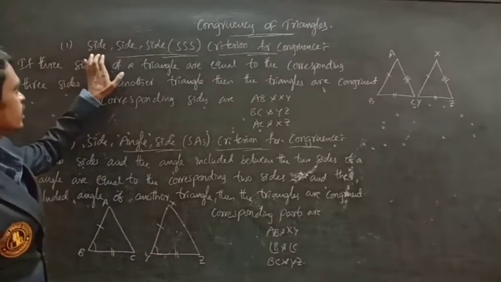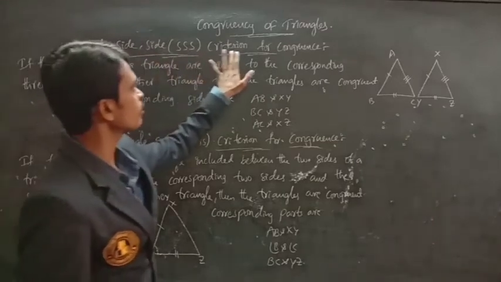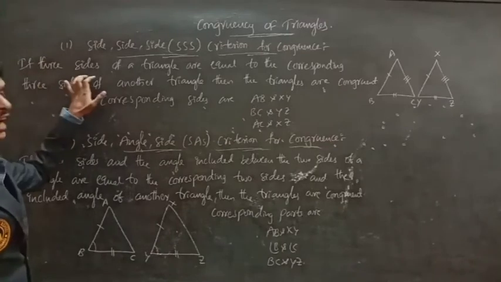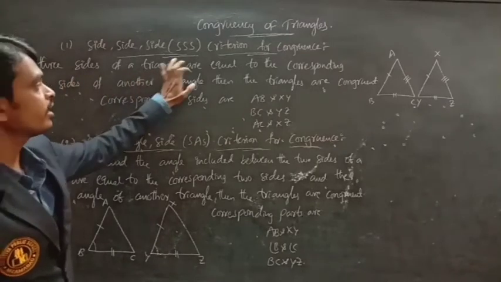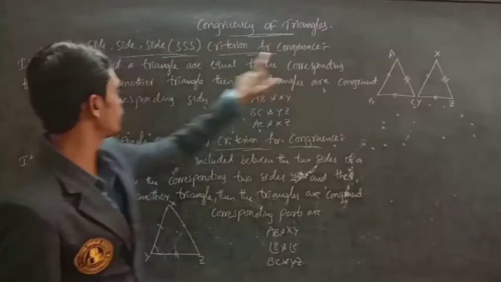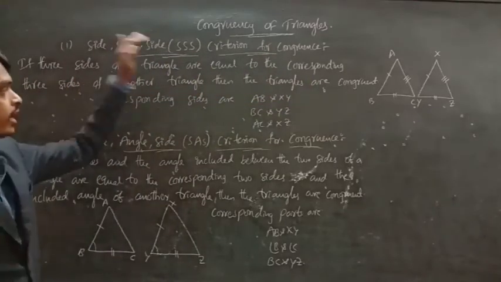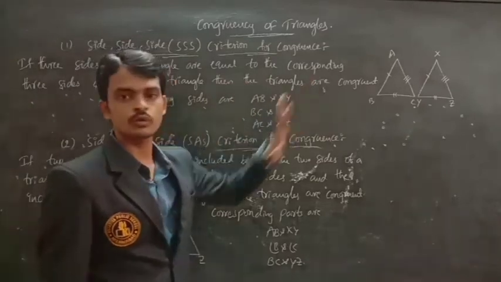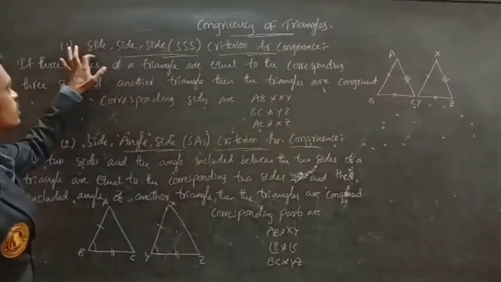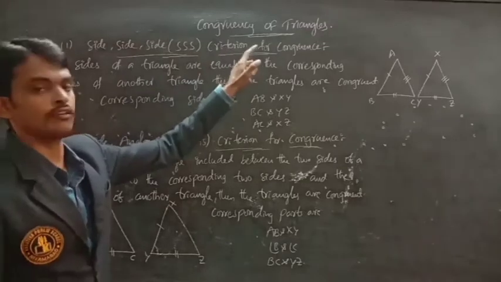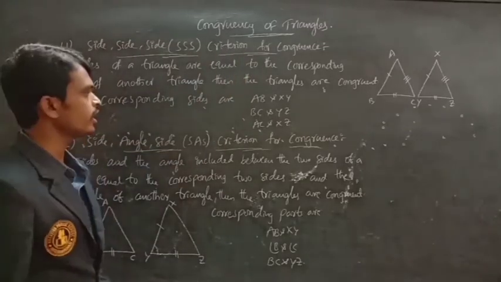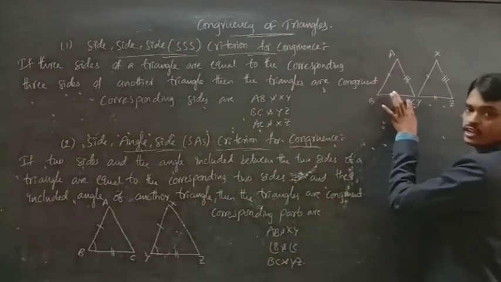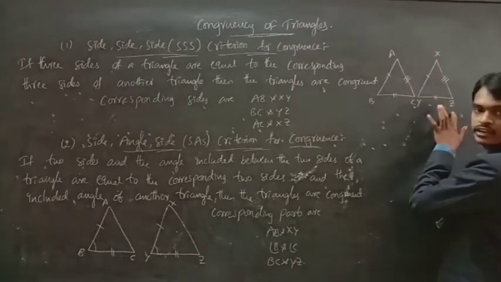First one, side criterion for congruency. Here, if 3 sides of a triangle are equal to the corresponding 3 sides of another triangle, then the triangles are congruent according to the side criterion for congruency. So here, two triangles, triangle ABC and triangle XYZ.